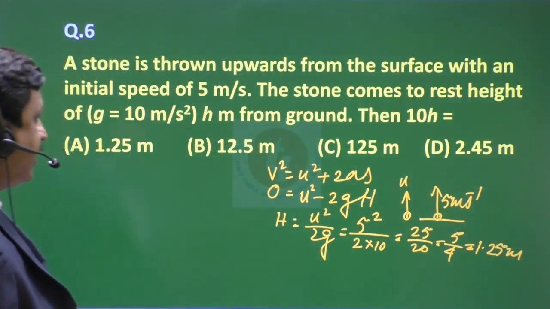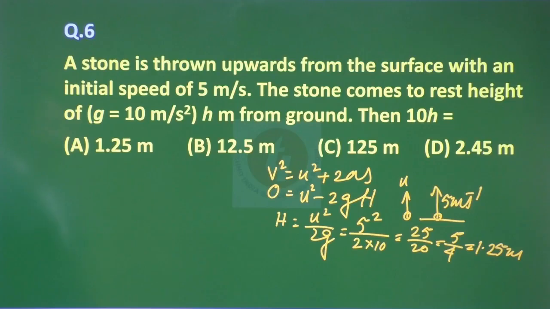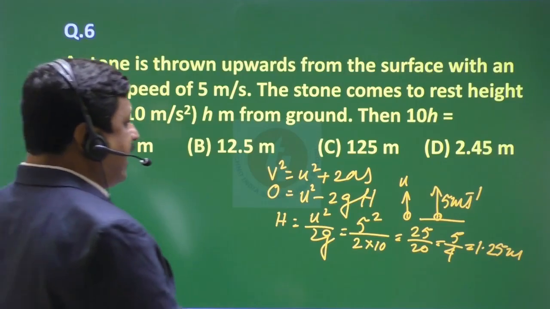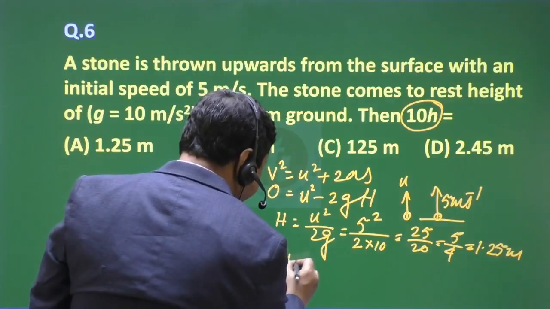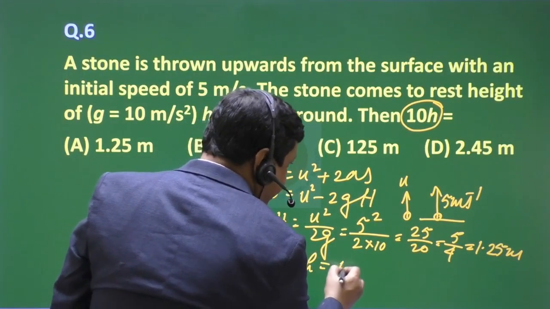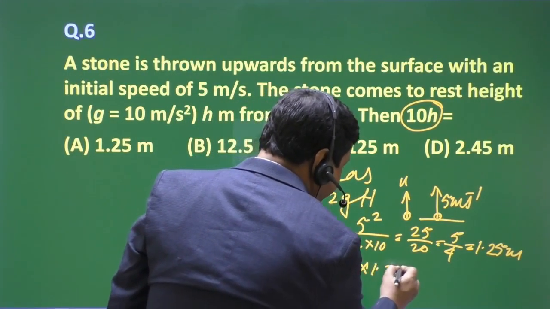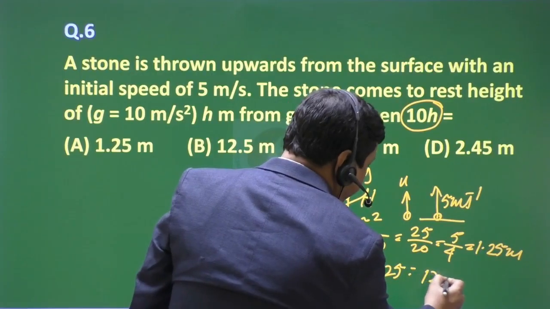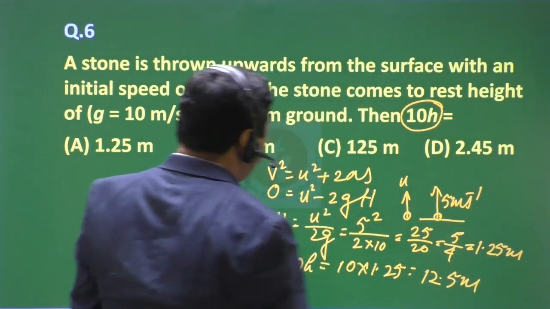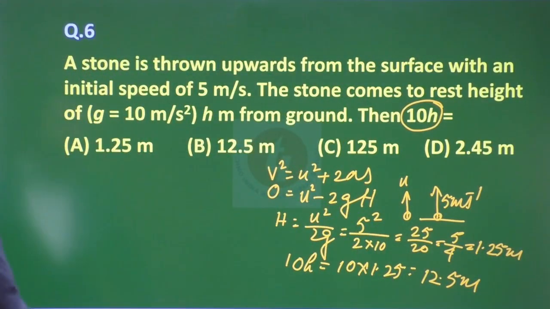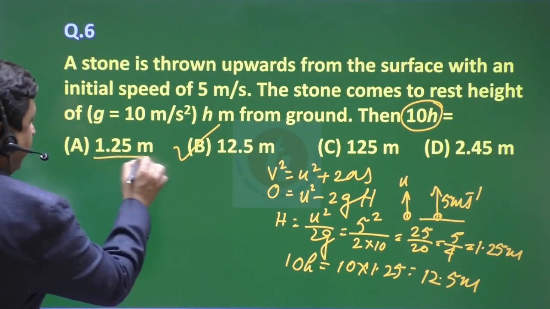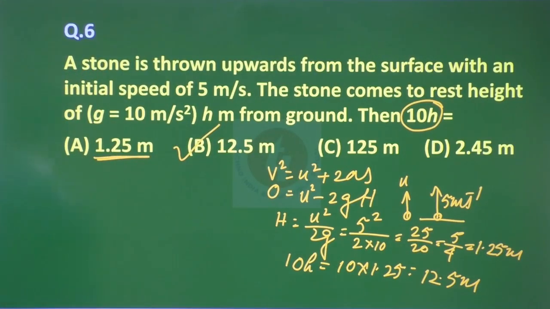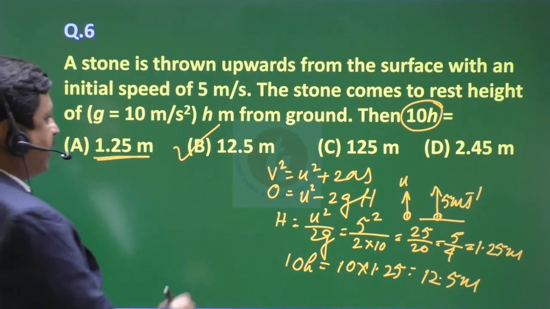That is h, and you have to find 10h. Then what will be the value of 10h? 10h will be 10 into 1.25 meter, that means 12.5 meter. Which option? Option B is correct. This is the maximum height, but you have to find 10h, so option B is correct.